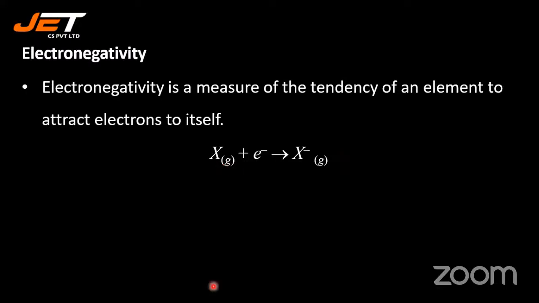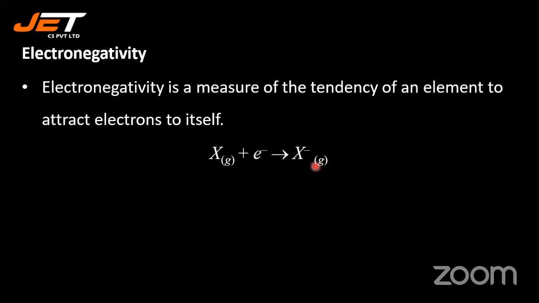Suppose they have given you 3, 4, 5 elements A, B, C, D, E, and they have written solid, liquid. For them, the concepts of electronegativity, ionization enthalpy, and electron affinity will not be accepted. Is this part clear to all? It is only for gas. Sorry, I forgot to inform you about this before, but this is applicable only for gas.